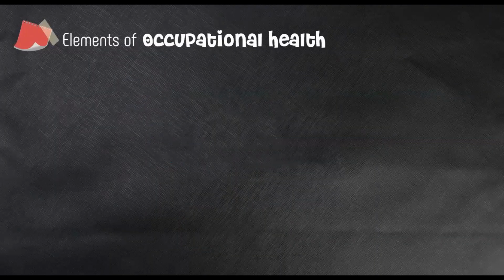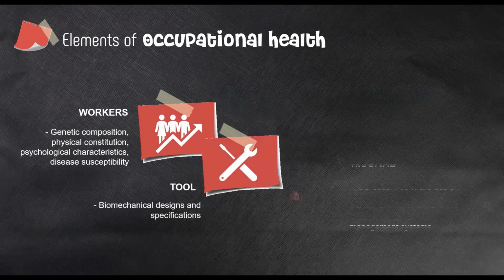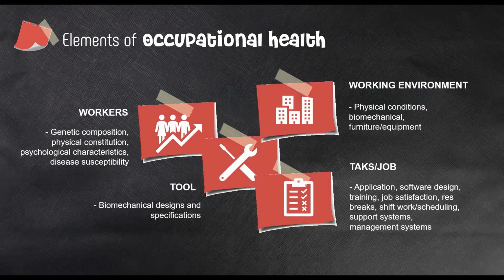There are elements that take part in or affect occupational health. These elements are the workers, the tools that the workers use, the tasks or the job of the worker, and the working environment of the employee. Now, the combination of the tool, the task, and the working environment have become the most important aspects in the employee's work.